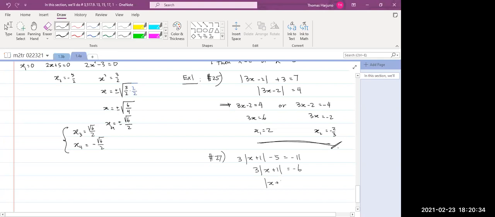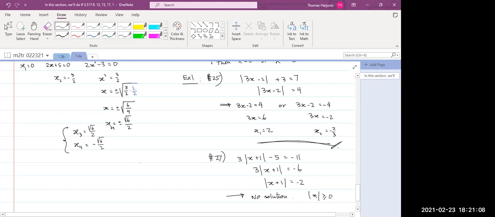But under no situation does distance become negative. The distance of x plus 1 from anywhere will always be 0 or positive, never negative. So from here, you can just say no solution, because absolute of something is always greater than or equal to 0.